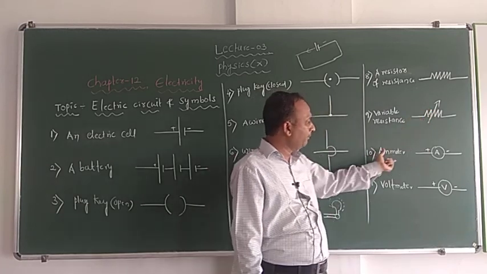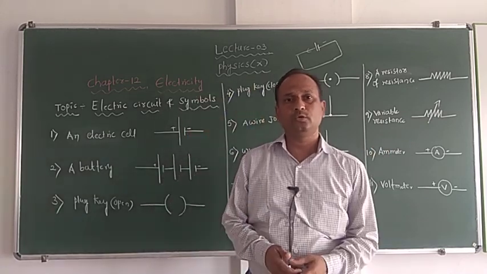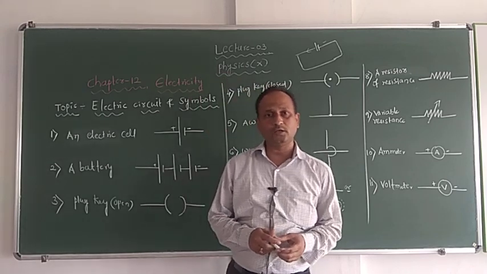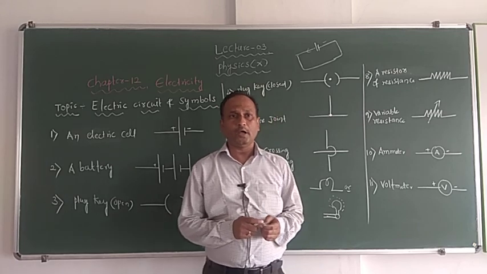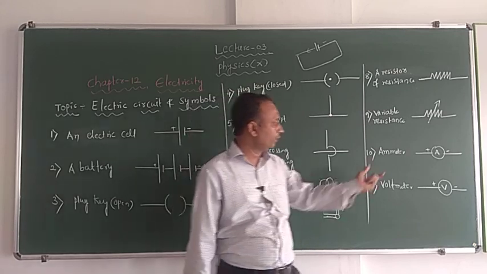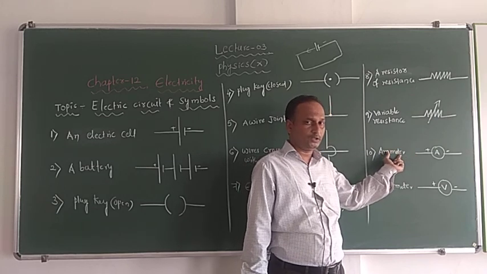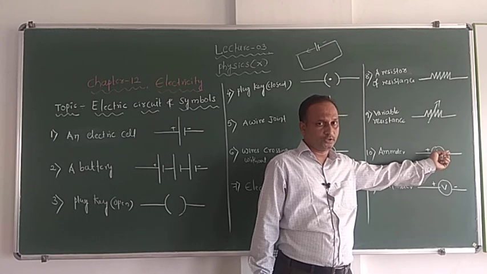Now we come to the ammeter. The flow of charges we call current. Current has the unit ampere, and it is measured by an instrument we call an ammeter. The symbol of the ammeter is like this. This one is positive and this one is negative.